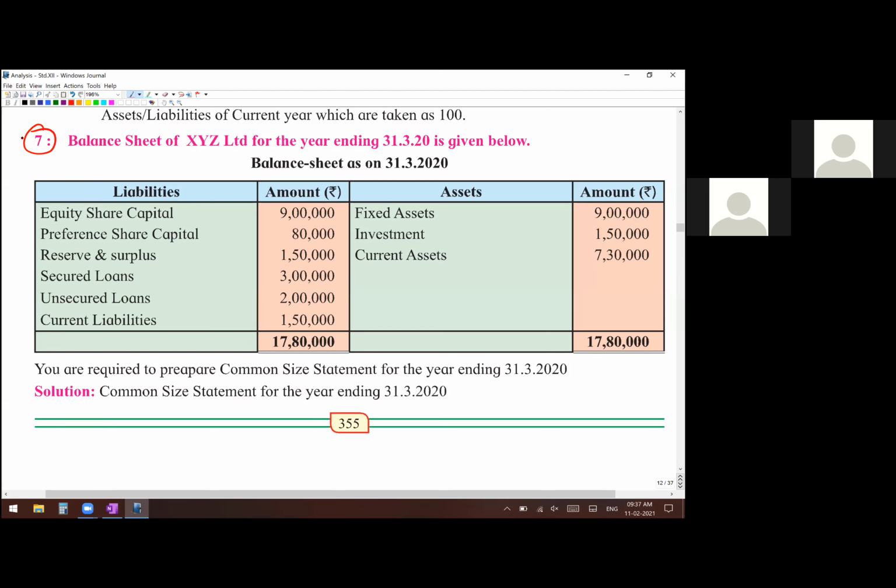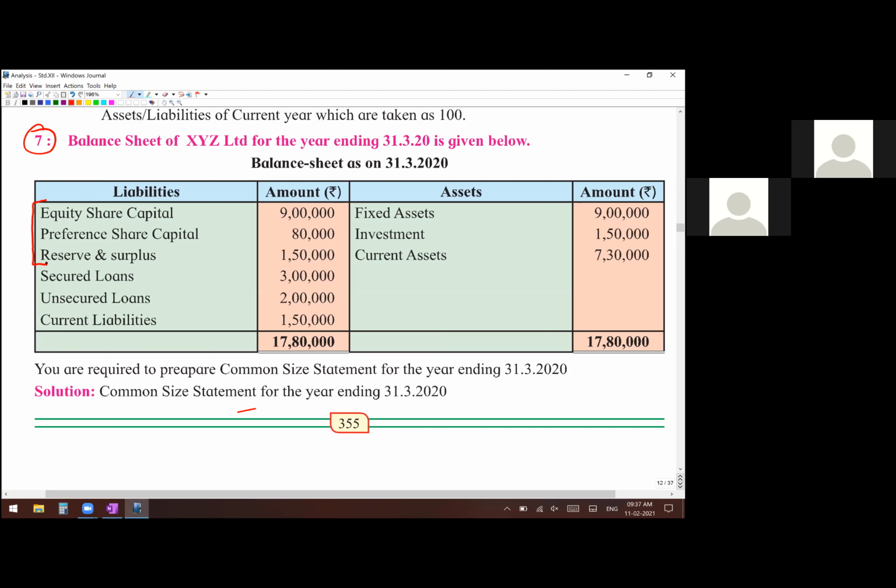We have to firstly convert this into the vertical format, and then whatever is required, that comes later. So I'm just going to group these items for understanding. If you start from the liability side, equity share capital, preference share capital, reserves and surplus, all will come under the head owners funds.